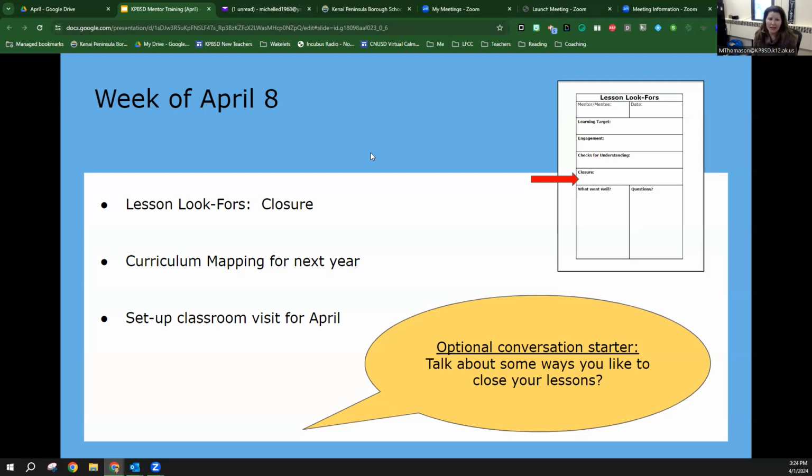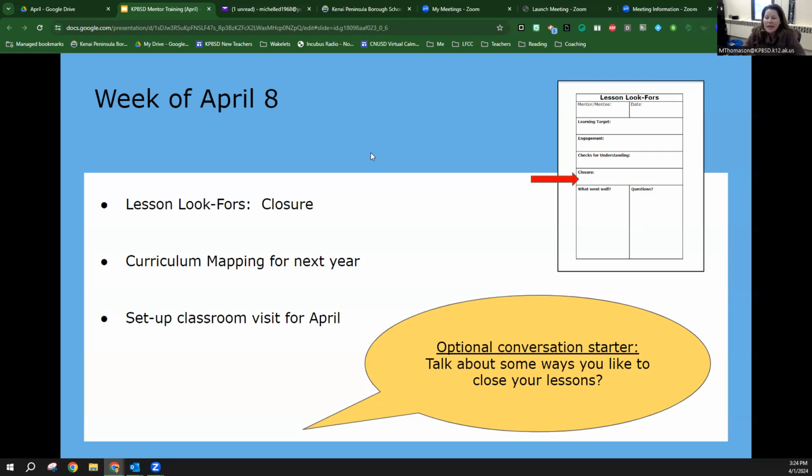Closure is an opportunity to reinforce the learning that just happened during the lesson or the learning period. Also, during the week of April 8th, it's a good opportunity to start with that curriculum mapping. The year just happened, so it's a perfect time to encourage your mentee to start reflecting on what just happened for the last 10 months so they can start planning for the next school year.